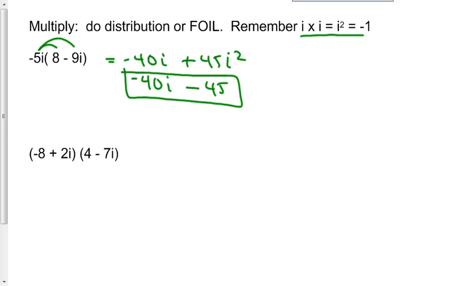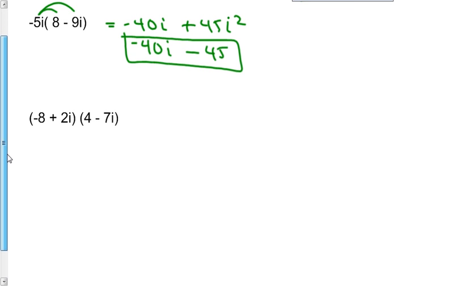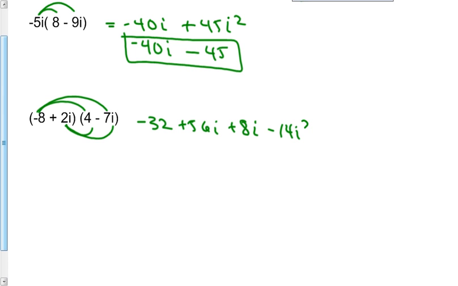If you're doing FOIL, same rule with FOIL with your x's as with your i terms. Negative 8 times 4, negative 8 times negative 7i, there's positive 56i. Underneath here, 2i times 4, 2i times negative 7i, negative 14i squared. i squared is worth negative 1.